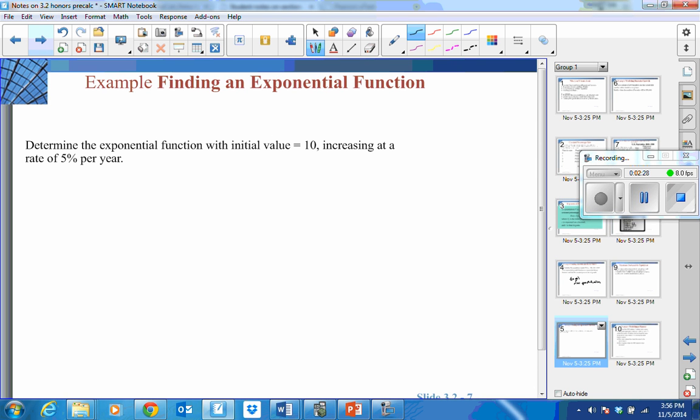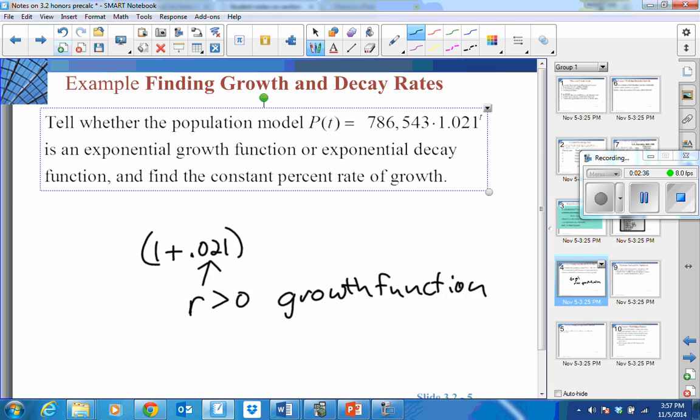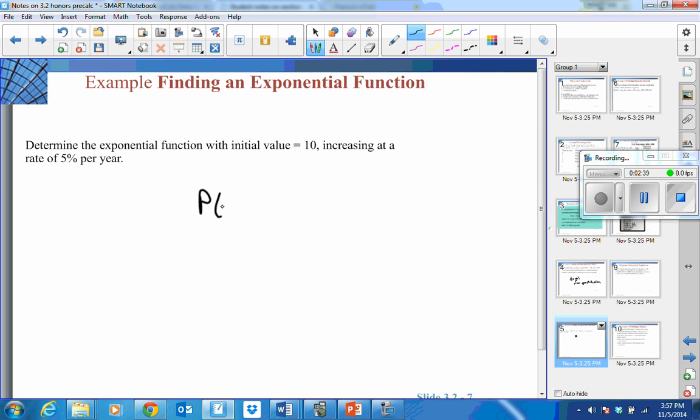Determine the exponential function with an initial value of 10 increasing at a rate of 5% per year. So looking back at our function, we have P of t equals our initial population times 1 plus the rate of change raised to the t power of the years. So the initial value is 10, so that's P sub 0, and it's increasing at a rate of 5% per year.